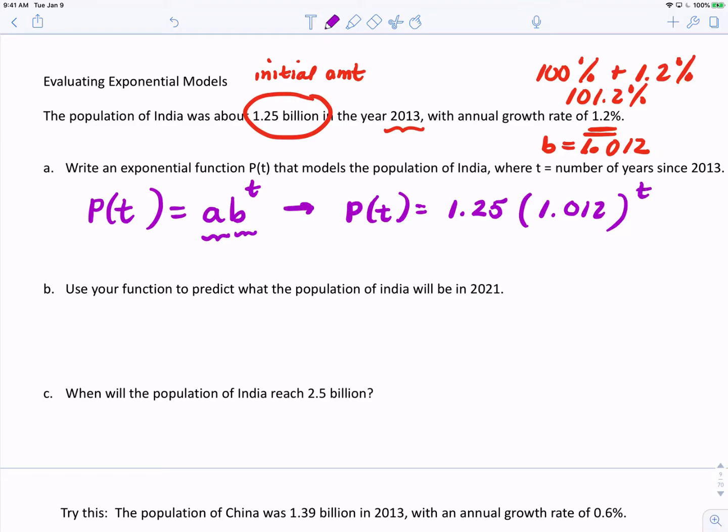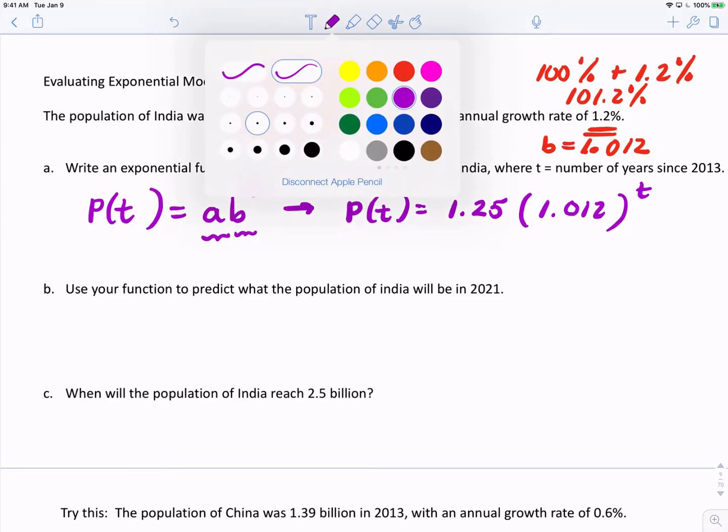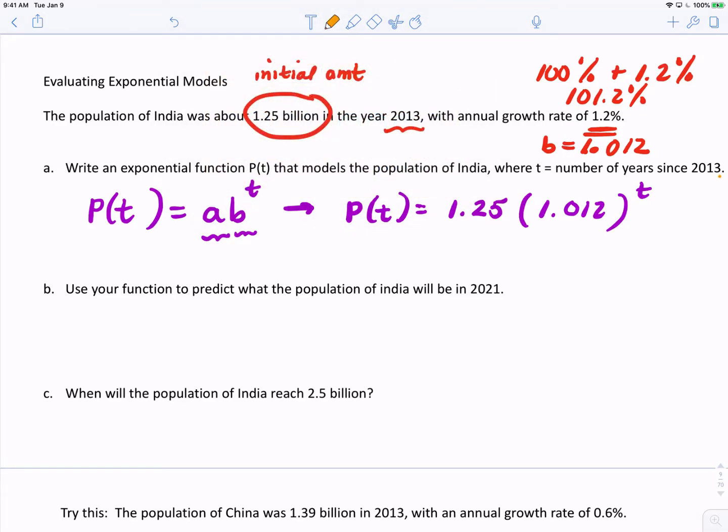Use your function to predict what the population of India will be in the year 2021. So again, we have to be mindful of when time started in this function. Time started in the year 2013. So 2021 would be 8 years later.